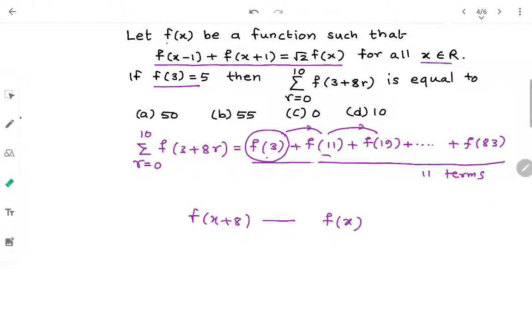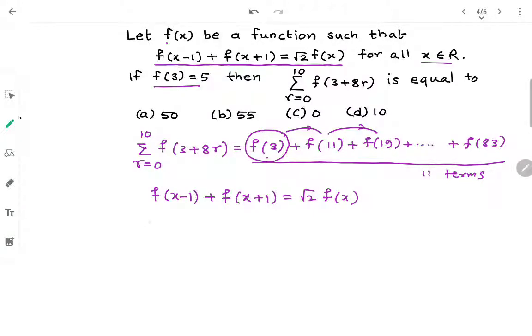We will have to see how we can use this to our advantage. So let's now start talking about the given relation. f of x minus 1 plus f of x plus 1 is given to be root 2 f of x.